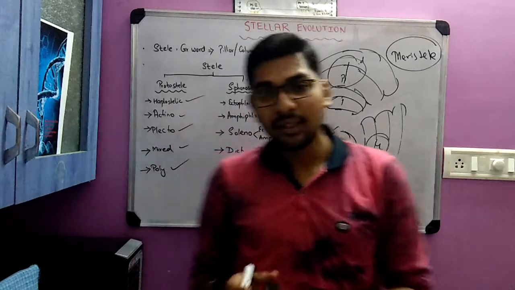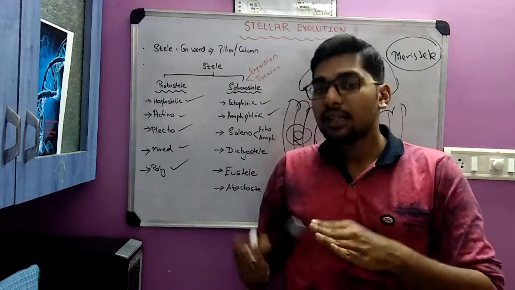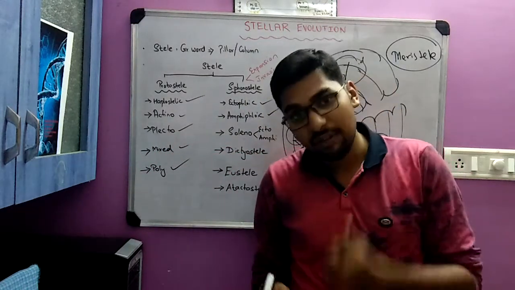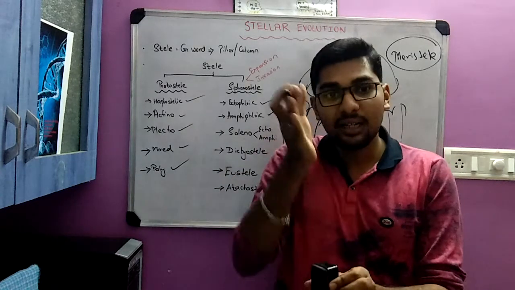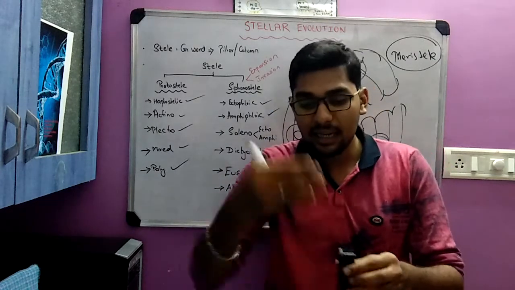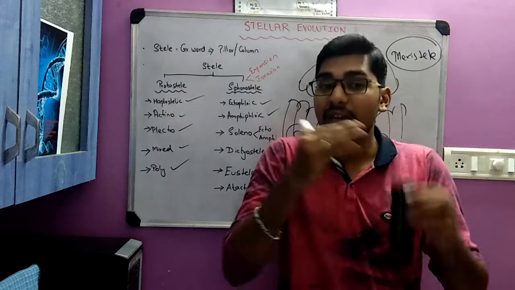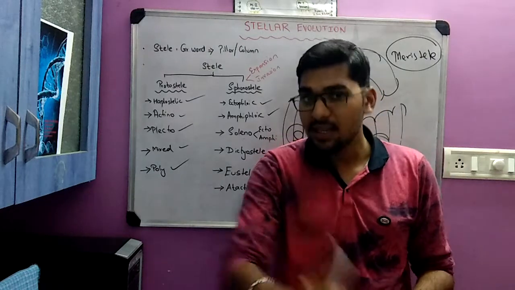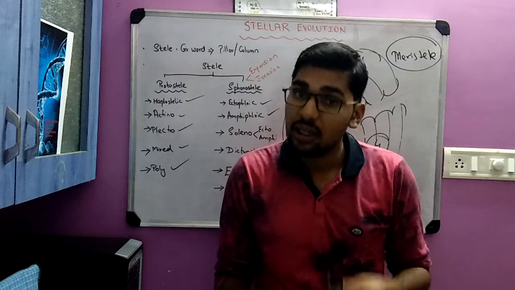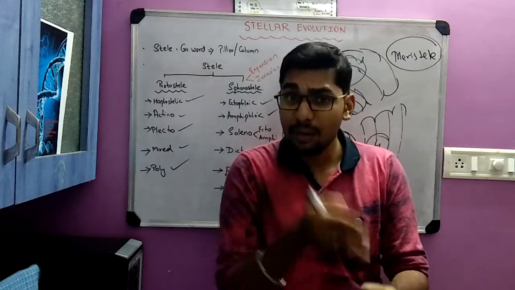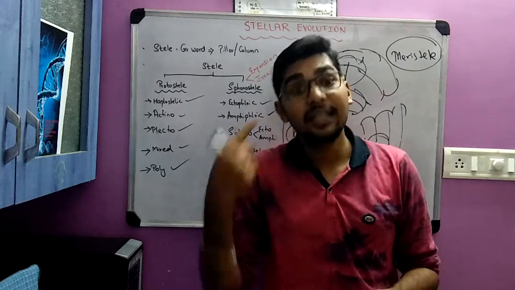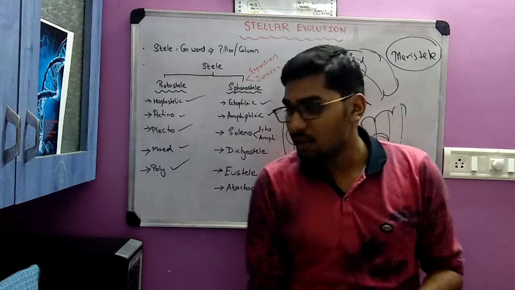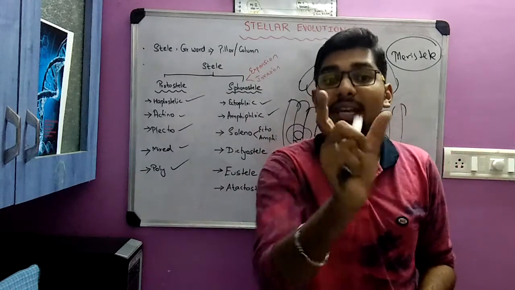So understand this. You have the central stele with pith present, the siphonostele. If they are broken, it's like a single cake being cut into many pieces. If a cake is cut into one piece, then it is called solenostele. If the cake is cut into multiple pieces, it is called dictyostele, and each piece of cake you serve is called meristele.